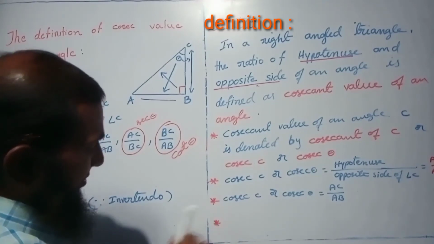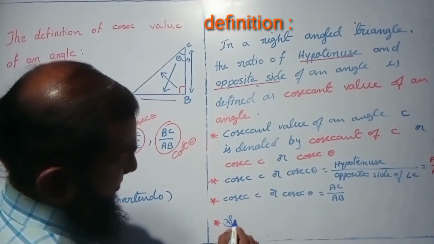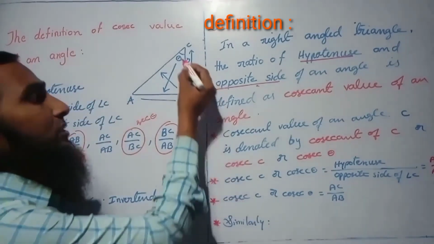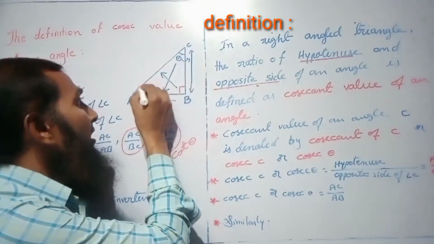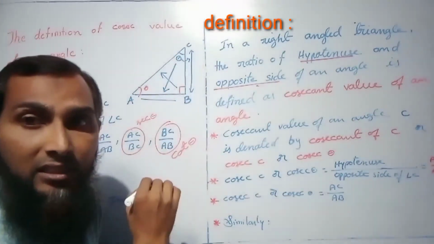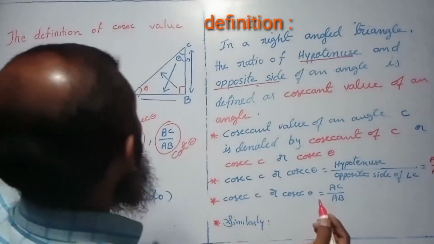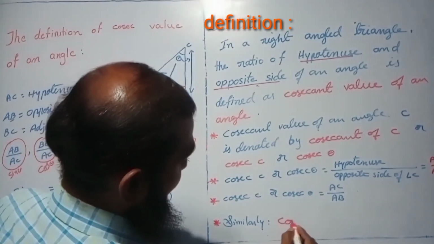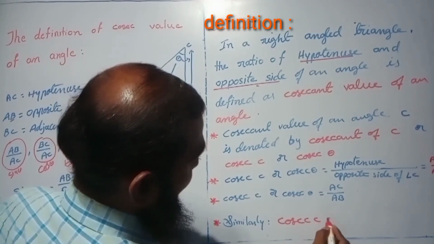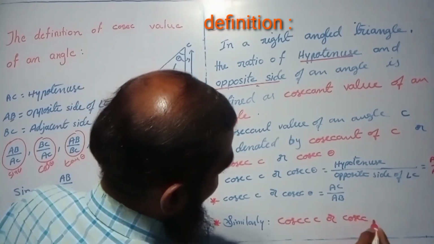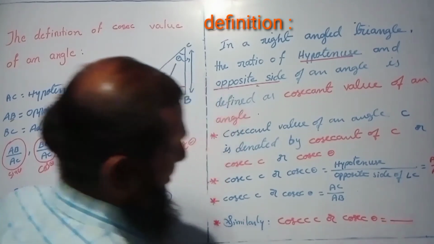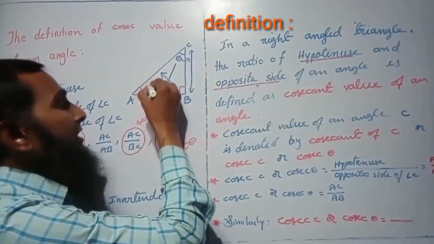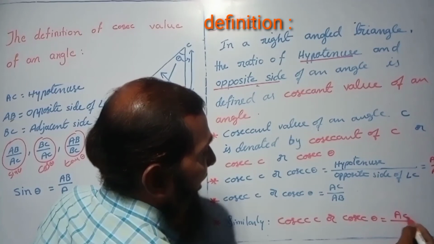Similarly, here I have selected C as theta. If you want to select A as theta, how can you write that ratio of cosecant? Cosecant A or cosec theta is equal to, see here, if you want to select theta, the hypotenuse is AC as usual, and what is the definition?